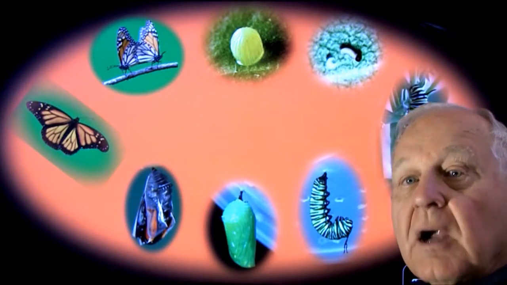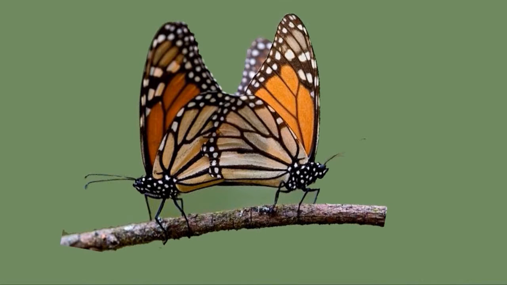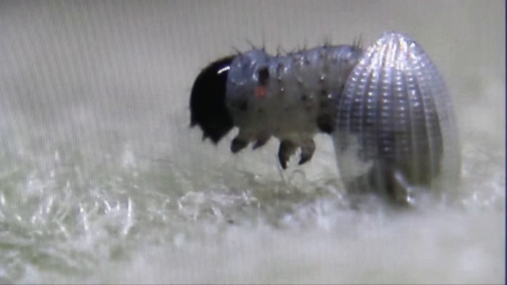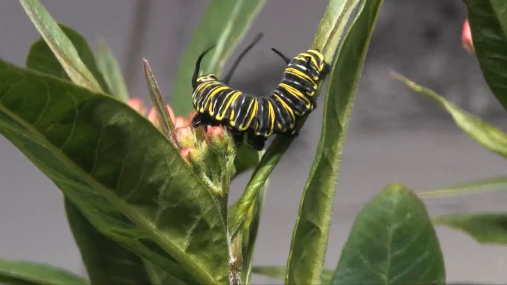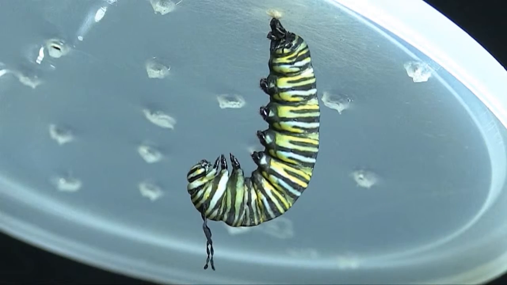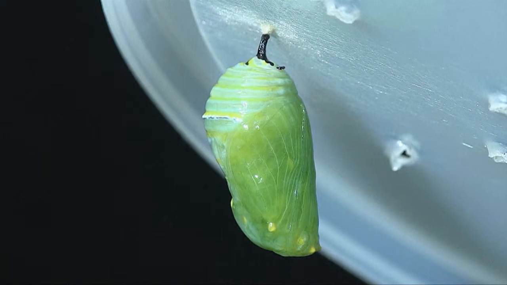The life cycle of the monarch butterfly starts with the adult. They mate, eggs are laid, a little tiny caterpillar emerges and munches for a week or so, becomes a big caterpillar. Near the end of the larval stage, it turns into a J, becomes a chrysalis.